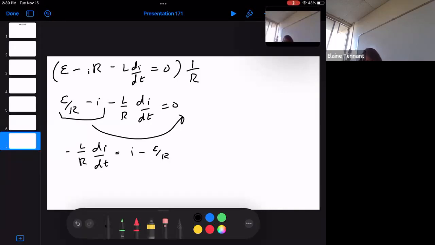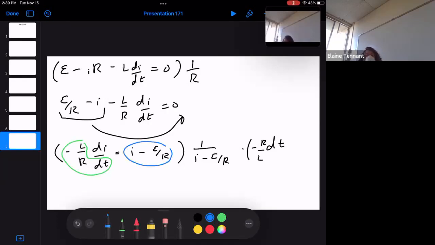And then, two last steps: I will divide both sides by this, and I will multiply both sides by dt and the negative R over L. So basically, I'll take all of this and move it to the other side, and I'll take all of this and move that to the other side. Does that make sense?